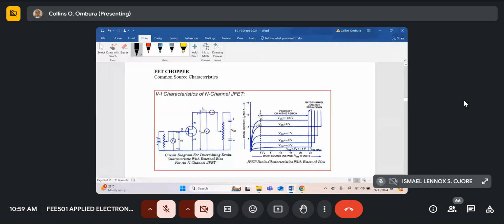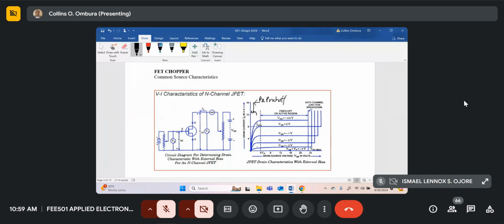In this region, where the drain current does not change with drain voltage, is called the pinch-off region. And this region over here is called the ohmic region.